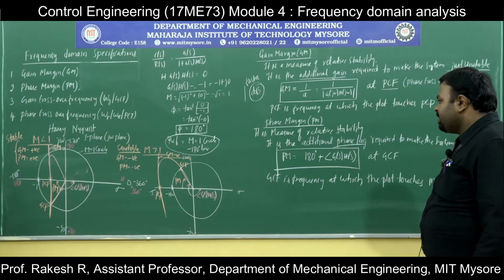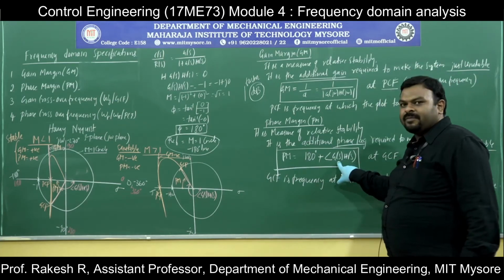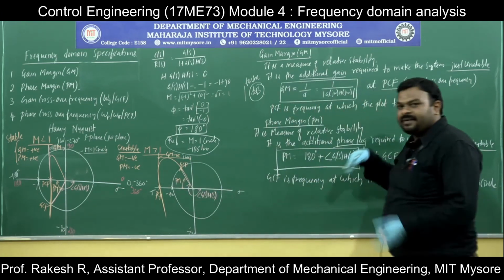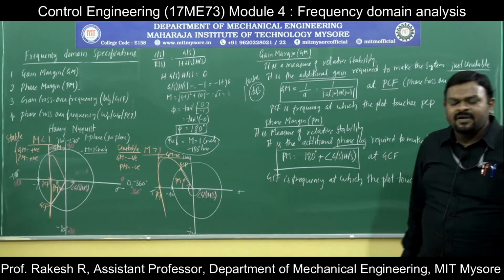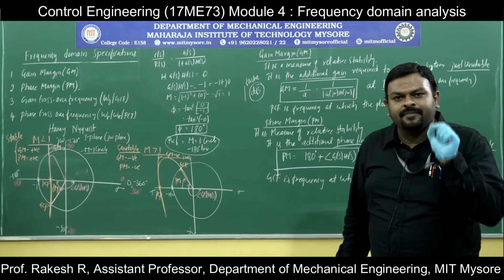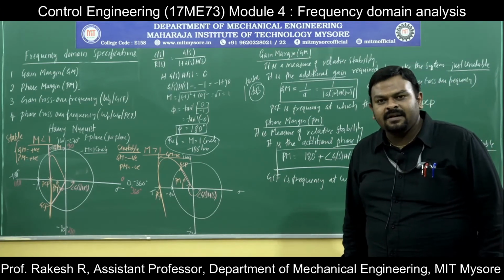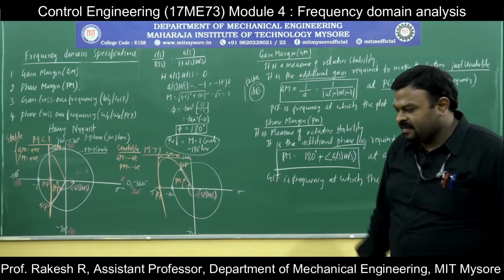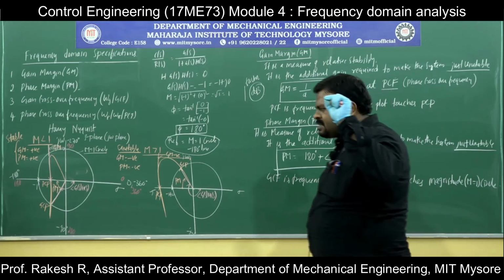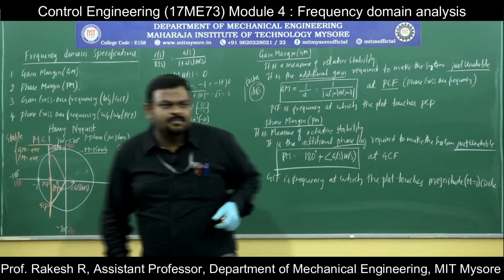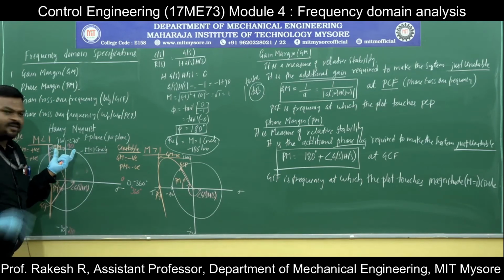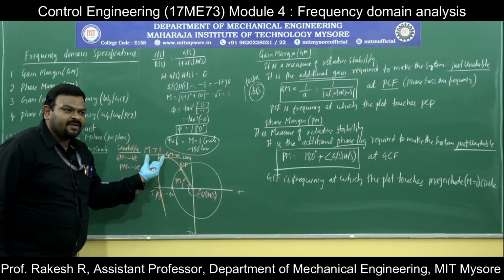Next, phase margin is 180 plus the angle of the open loop transfer function. If it is lying above, then this term is 180 minus something, it will be negative. If gain margin and phase margin are positive, the system is stable. If they are negative, the system is unstable. Here you have to remember a small thing: magnitude circle less than 1 and magnitude circle greater than 1.